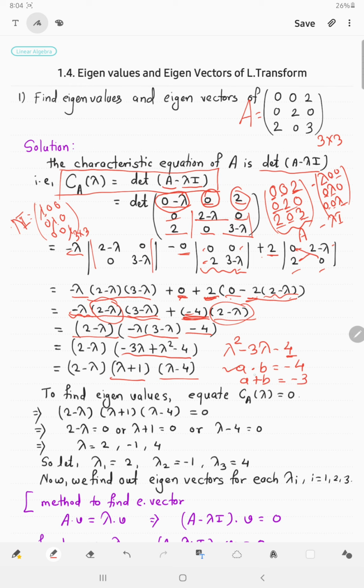Obviously I have two choices, 1 and 4. Their multiplication is minus 4, so one of the numbers should be negative, and the addition is minus 3, so obviously I will take minus 4 and 1. So here I take lambda minus 4 and lambda plus 1.